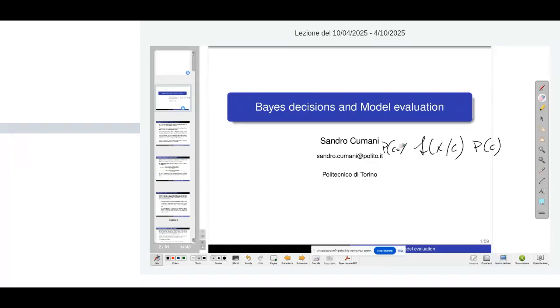So combining the class conditional with prior information gives us class posterior probabilities. And then we can use class posterior probabilities to select the class which has the highest posterior probability. Other questions on this part?